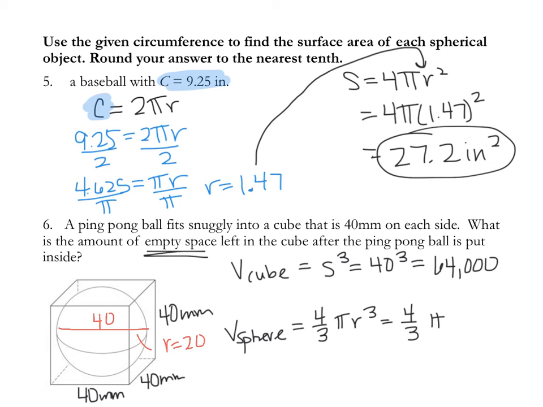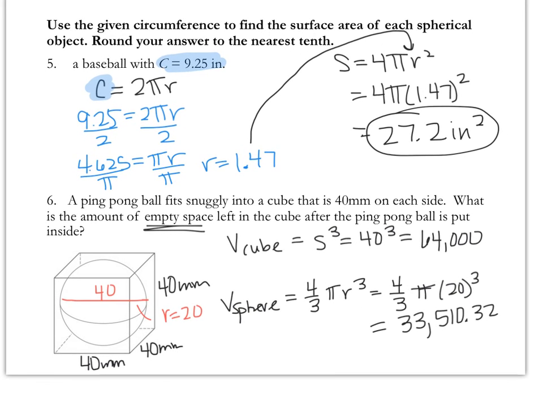So it's going to be 4/3 pi 20 cubed. And again, because this is a real-world problem, I'm going to put the pi in right away. I'm going to do 4 divided by 3 times pi times 20 cubed. And that's going to turn into 33,510.32.